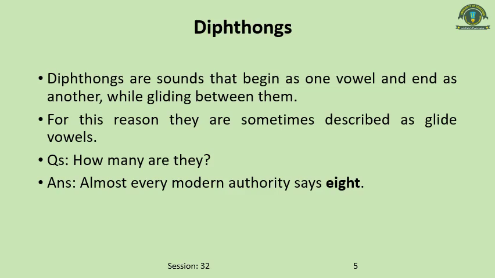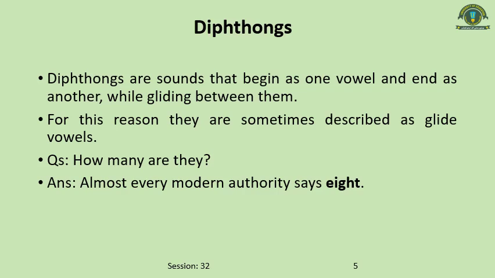They are glide vowels. A common man can say anything else, but a graduate whose major is English, when the question is for him or her, the answer should be like this. If the question is, what are diphthongs? The answer should be, they are glide vowels. And for explanation, you can say diphthongs are sounds that begin as one vowel and end as another, while gliding between them.